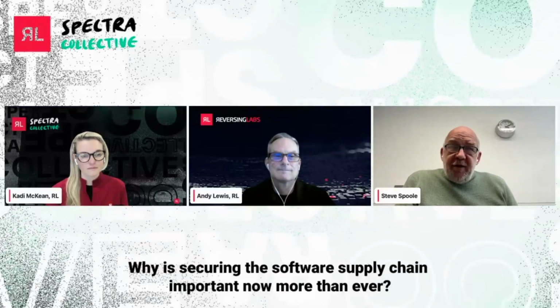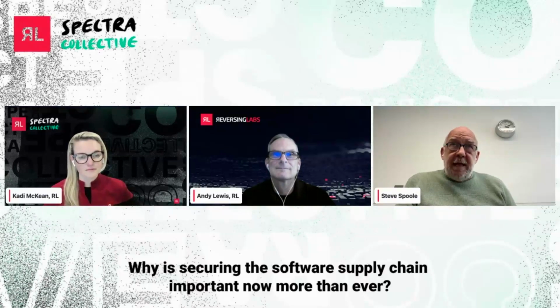The amount of money that the bad guys can make out of this is just so large. The value to them is so large, and what we've seen in the last couple of years is a recognition that it isn't just about money anymore. Ransomware has always been the big thing.